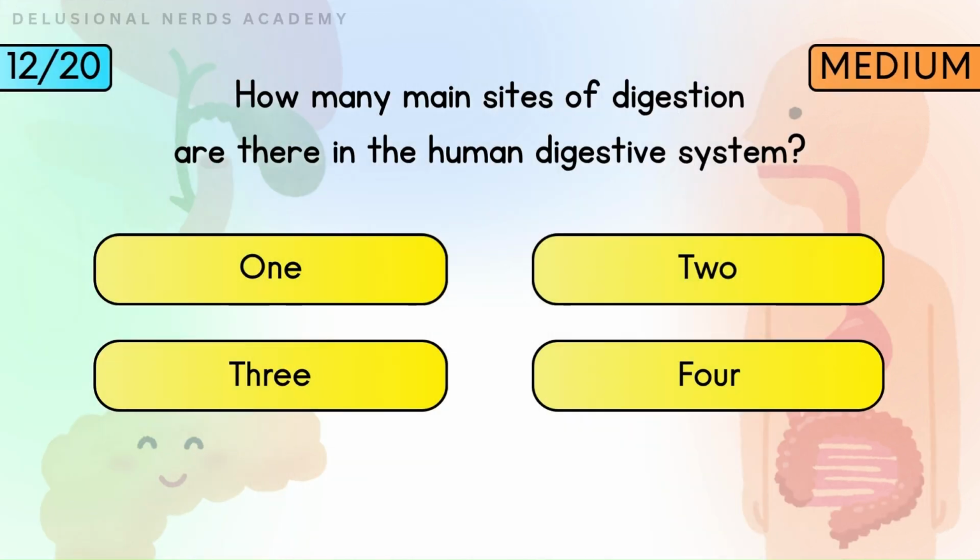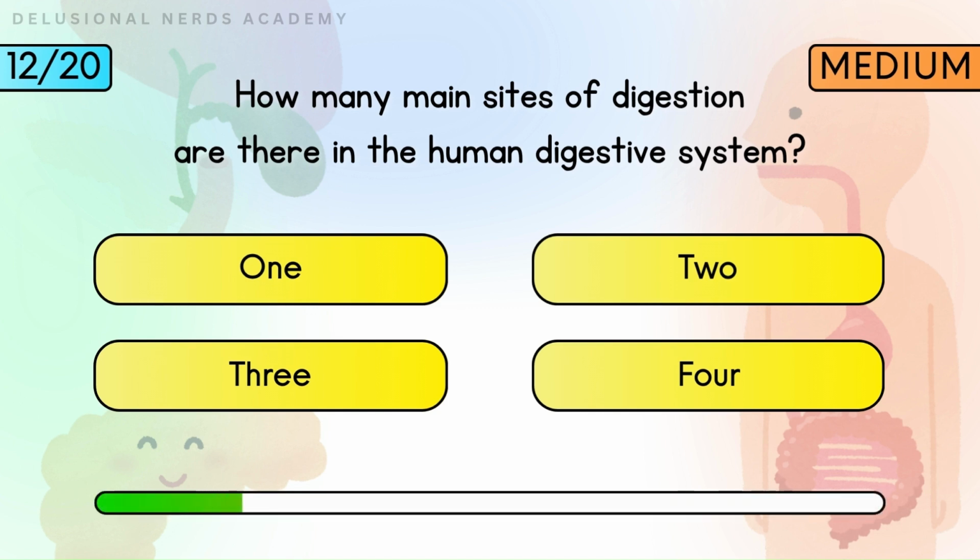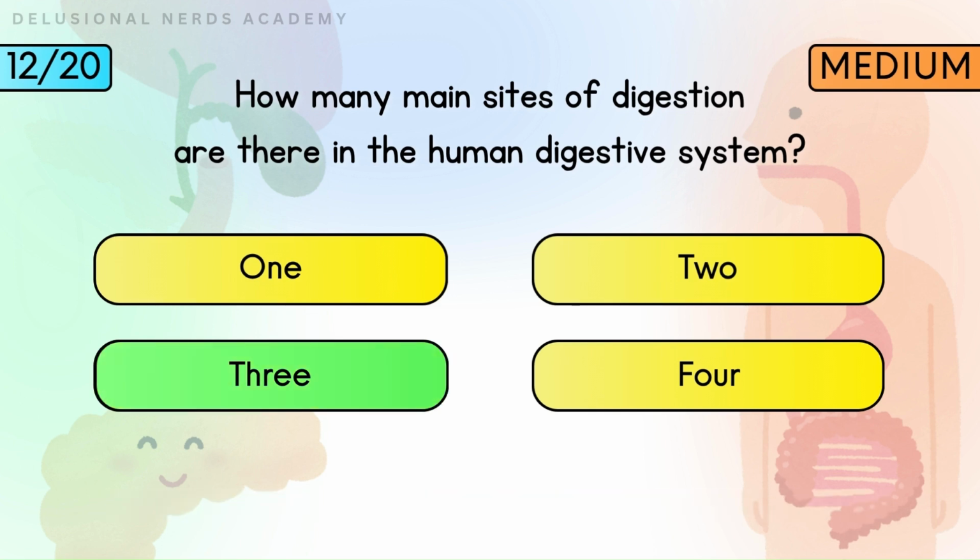How many main sites of digestion are there in the human digestive system? The three main sites of digestion are the mouth, stomach, and small intestine.